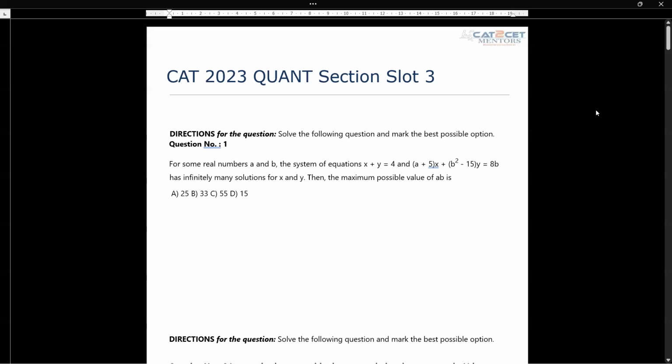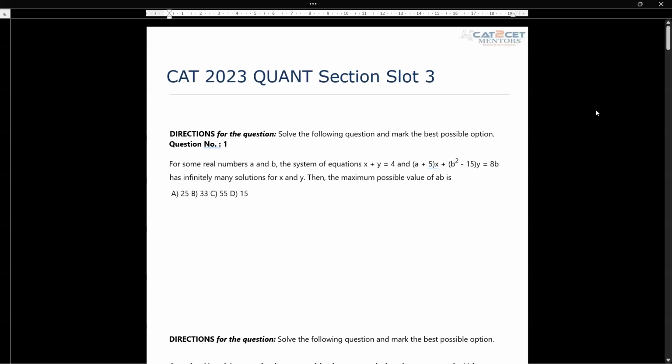Firstly, for the students who are not that good in quants, I would say don't focus on 22 questions or even half, that is 11 or 12 questions. You just need to focus on 4 to 5 questions. In the past years, it has been said that the CAT 23 paper, and to be specific the slot 3 quant paper, was difficult.